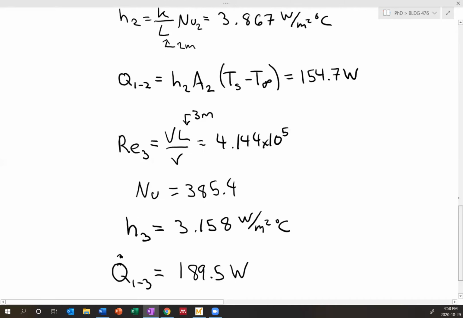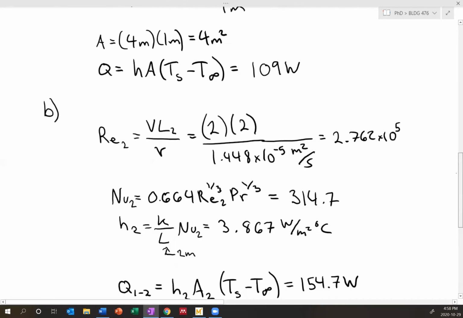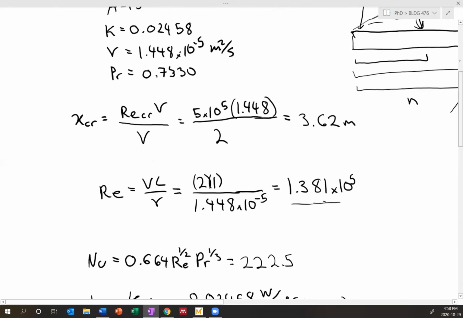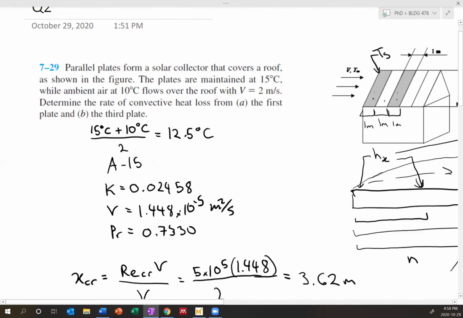All right, and if we compare that to our other one, 109 watts, you can see that as the air moves down the surface, because of the nature of how the flow develops, you end up getting less power out of the third one.